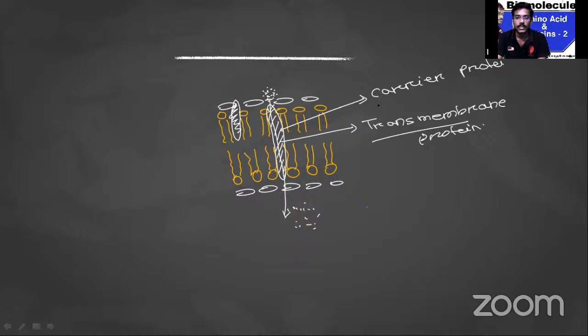This carrier protein may carry the molecule from the inner side to the outer side, or from the outer side to the inner side of the plasma membrane. So the protein that acts as a carrier carries molecules from the outer side of the plasma membrane and moves them toward the inner side. So that is called a transporter protein, or we may call it a carrier protein.